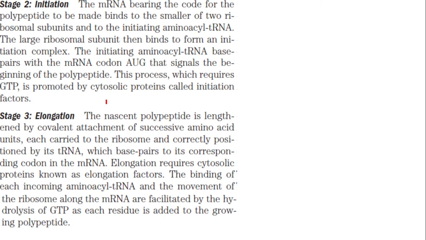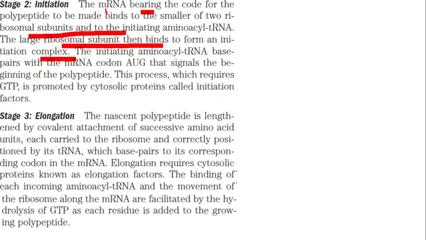Now, charging of the tRNA is over. Coming to initiation. The mRNA bearing the code for the polypeptide is coming there. The large ribosomal subunit binds to form an initiation complex.